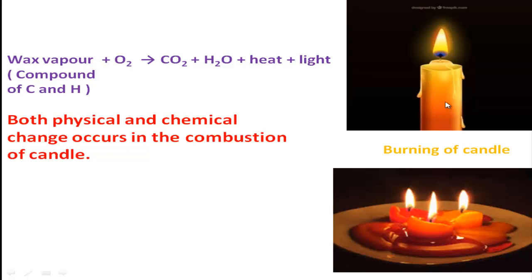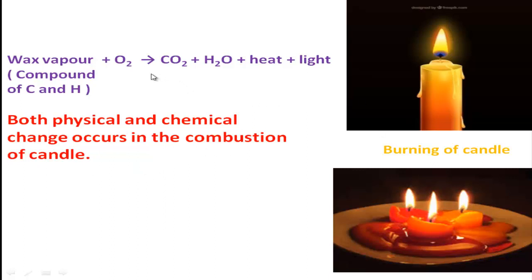And when the wax vapor reacts with oxygen and produces carbon dioxide, water vapor, heat and light energy, this part is called the chemical change of the burning of a candle. So in this way you have to explain the answer to the question that both physical and chemical change occur in the combustion of a candle.